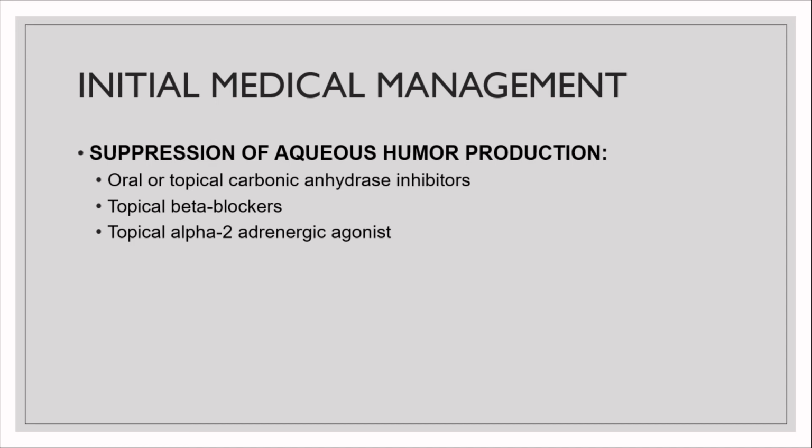So first, we can suppress aqueous humor production by giving carbonic anhydrase inhibitors, which block one of the enzymes that the ciliary body uses to produce aqueous humor. Or we can give beta blockers or alpha-2 adrenergic agonists, which decrease the production of aqueous humor.